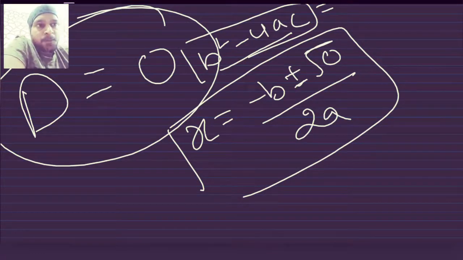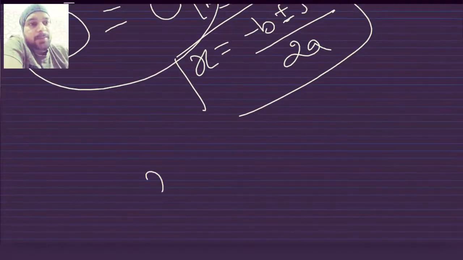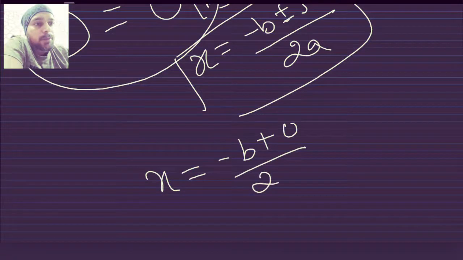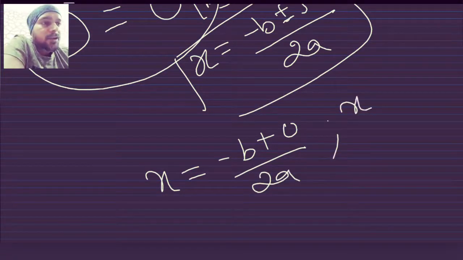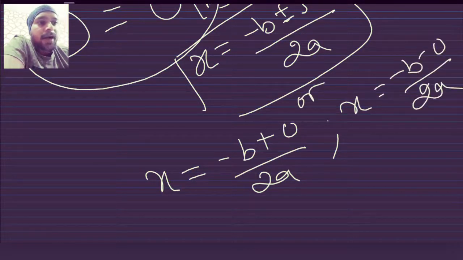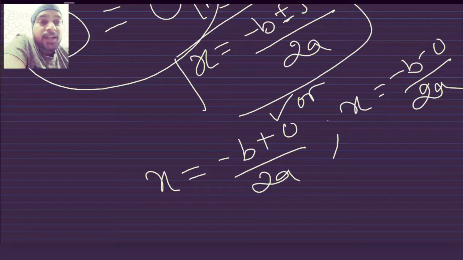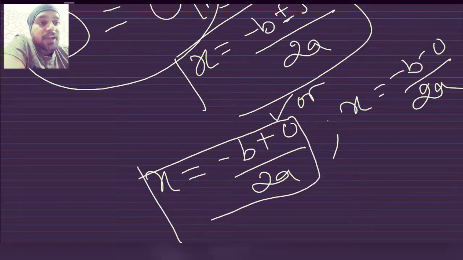Is it clear? Now one value of x will be x is equal to minus b plus 0 upon 2a, because under root of 0 is going to give you 0, and the other value of x will be equal to minus b minus 0 upon 2a. When you add 0 to minus b and when you subtract 0 from minus b, in both conditions the value is going to remain the same, right?